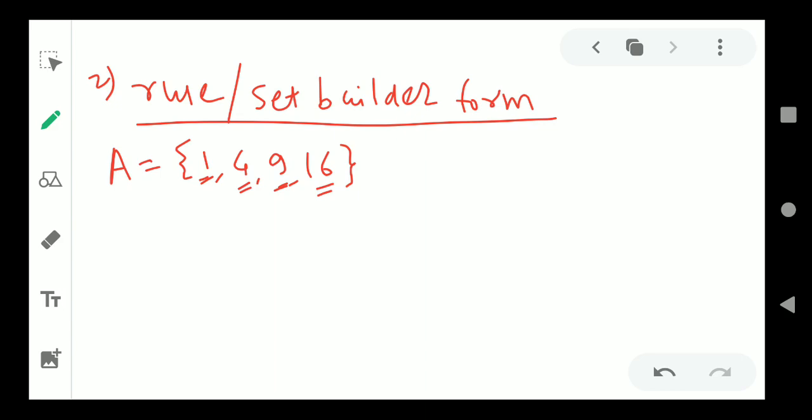These are the squares of 1, 2, 3 and 4. We know here 1, 2, 3, 4 all are natural numbers. So we can write it using a rule. How to write this?